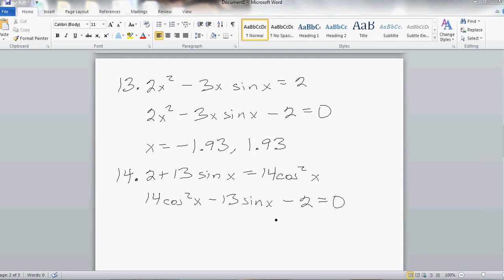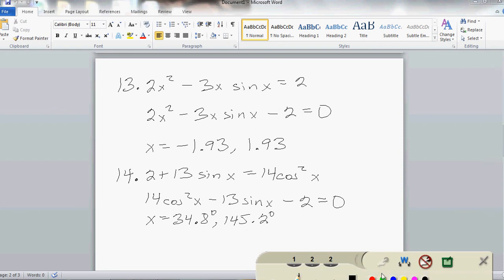Be very careful when you put in the cosine squared as part of the graph. You will actually put the cosine of x inside a set of parentheses and then square that whole thing. And after you do that and you find the x-intercepts, you'll find that those x-intercepts occur at 34.8 and at 145.2 degrees, because we are in degree mode.